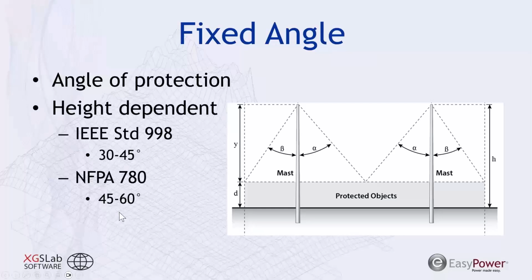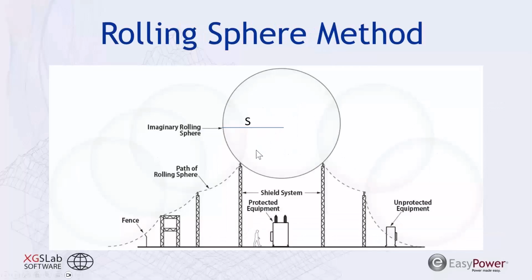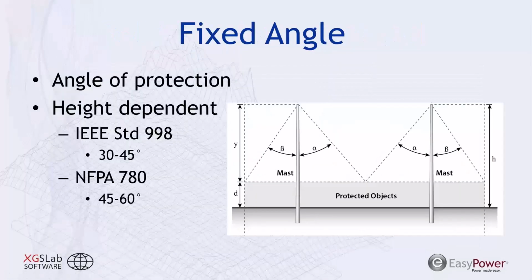Again, that angle is going to vary based off of the relative height difference from your air terminals or masts to whatever you're trying to protect. And if you think about this, we're really going back to the rolling sphere, which has this little curve. If the sphere is large enough, that curve starts to look like a straight angle. So it makes it nice and easy to understand how these fixed angle methods come about.